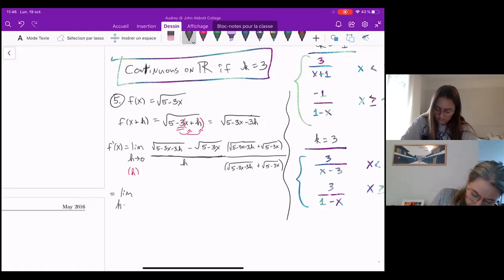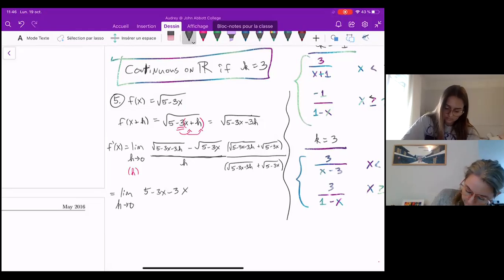So when I rationalize, I'm going to get 5 minus 3x minus 3h minus 5 minus 3x over h times.